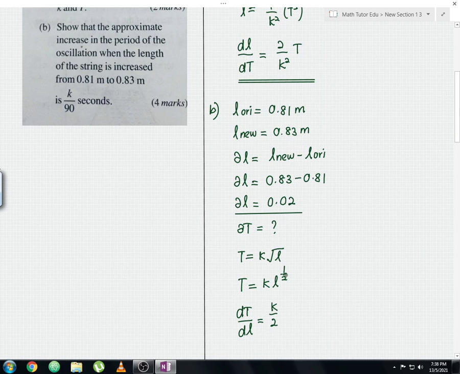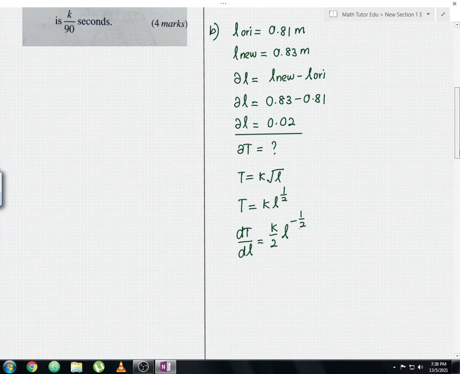So half times k, you get k over 2, and then half minus 1, you get L to the power of negative 1 over 2. I hope you understand guys. This index we're going to bring down to the denominator. So dt over dL will be equal to k over 2 square root L. Let me underline the fraction.